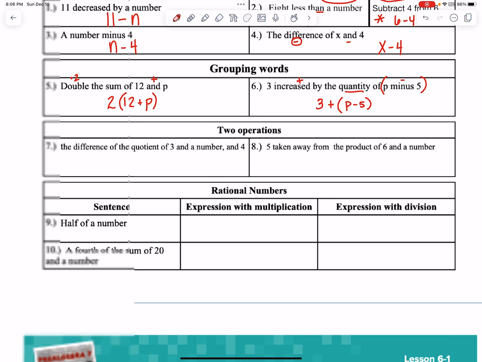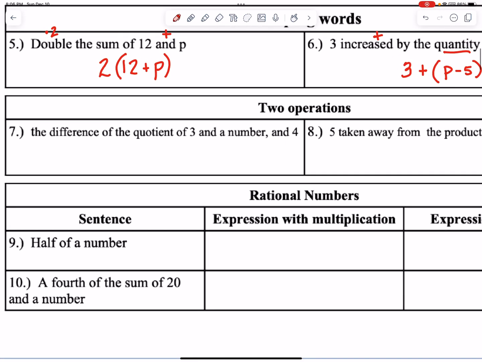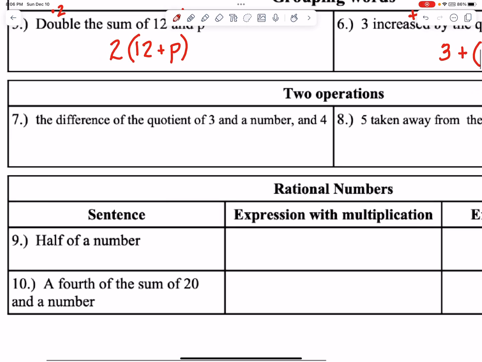All right, now let's go ahead and look at multiple operations. So we have the difference. We know difference means subtract. Quotient means divide. So we have the quotient of 3 and a number, comma, and 4. So you have to sort of process this and pay attention to the mechanics with the comma there. The difference of what things?